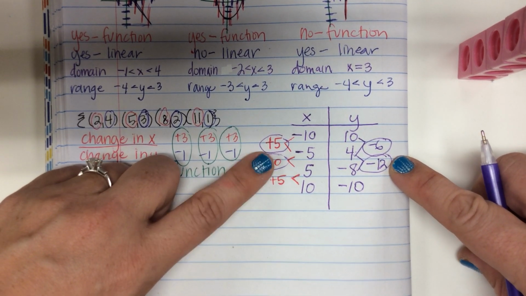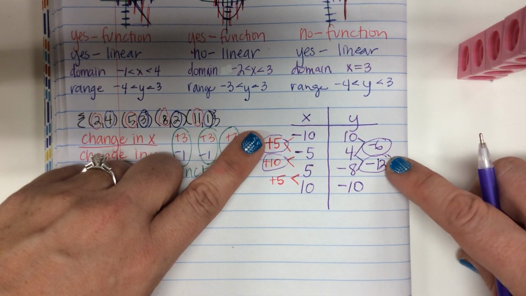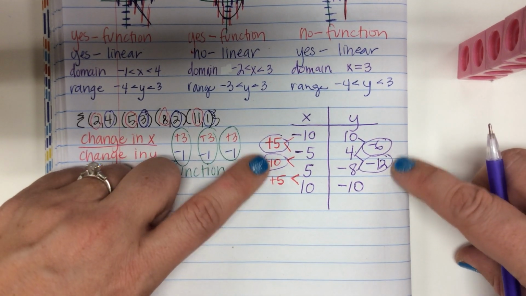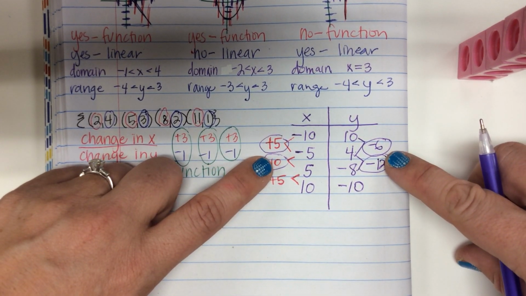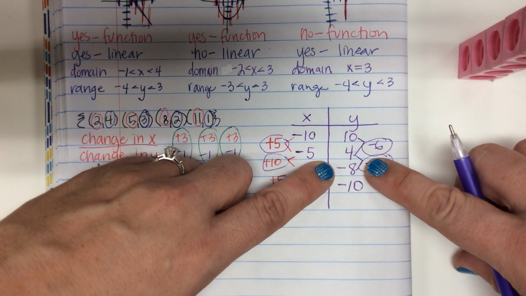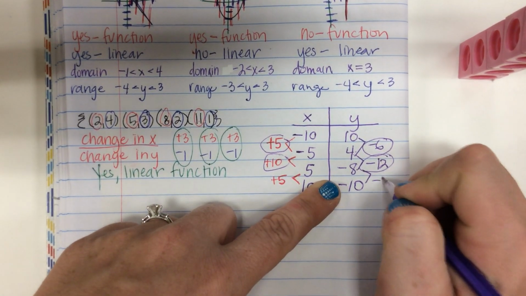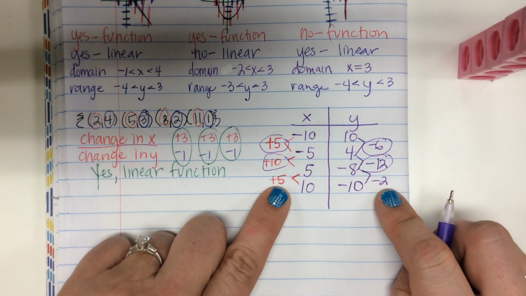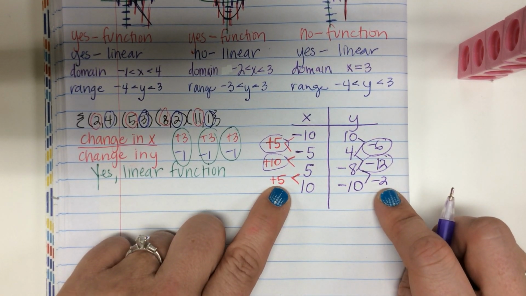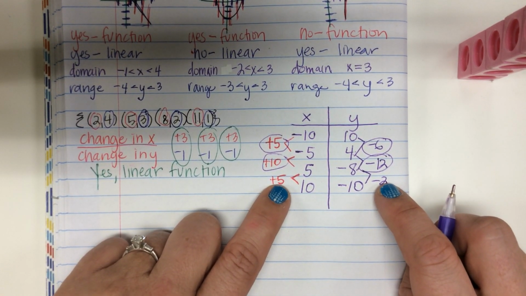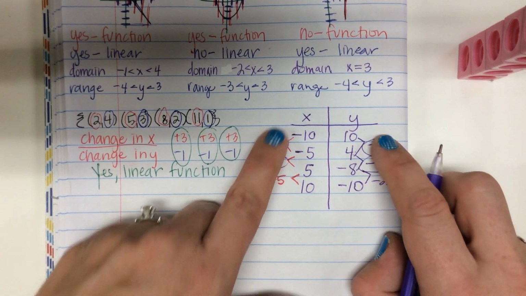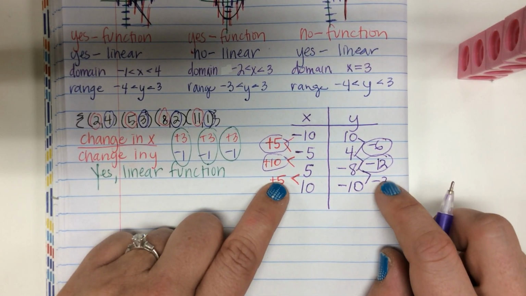Yeah, if I divide by 2, I get 5, and if I divide by 2, I get negative 6. So these are the same. What happens from negative 8 to negative 10? Minus 2. Are these the same? No. These are no longer the same. It was okay up until here.